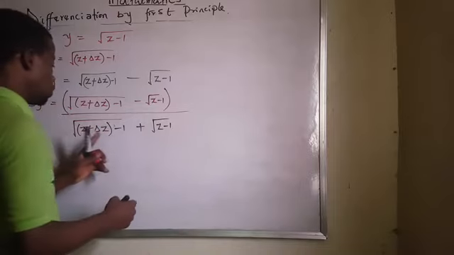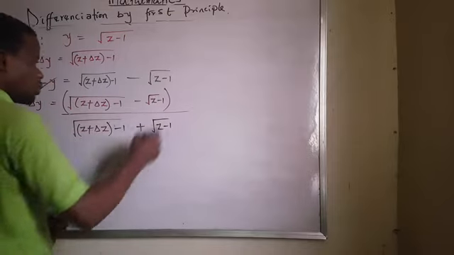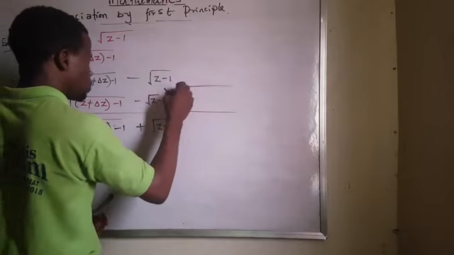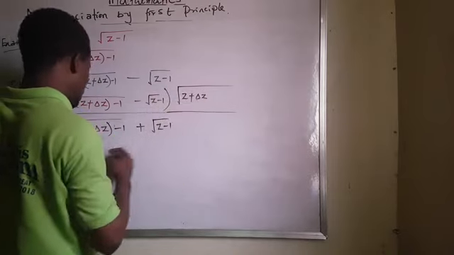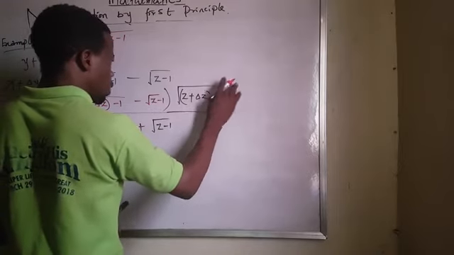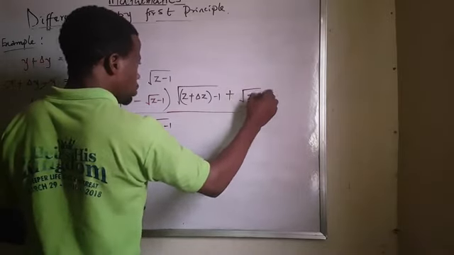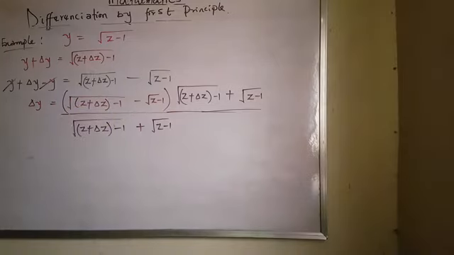I want to bring the same thing that is here, I'm bringing it here, such that we have them as conjugates. Check that you understand that. I expect you get that.